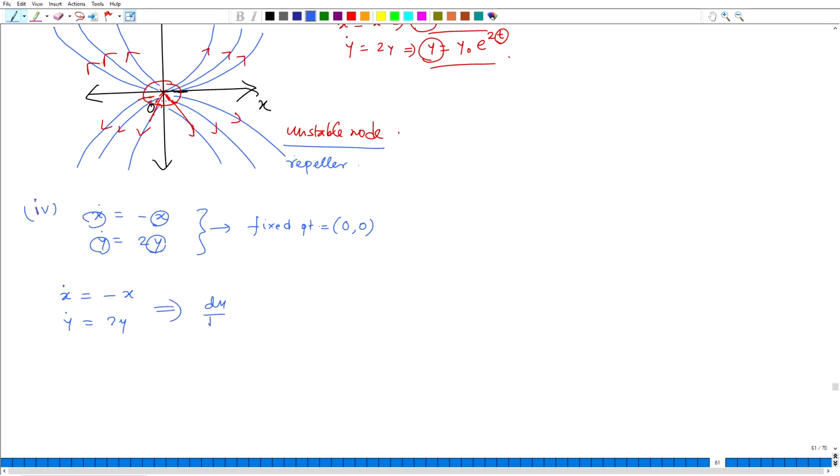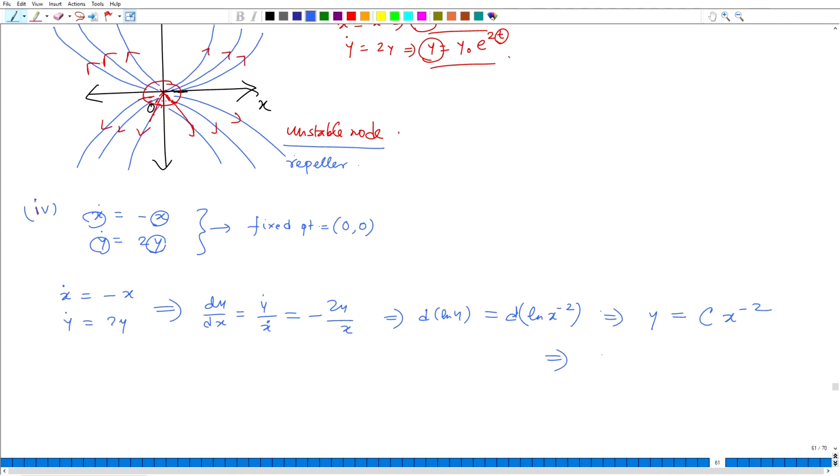So, x dot equal to minus x and y dot equal to 2y simply gives me dy dx, which is nothing but y dot by x dot, equal to minus 2y by x, and that is why d of log y will be equal to d of log x to the minus 2, plus some constant of course, and finally the solution comes as y is equal to some constant times x to the minus 2.